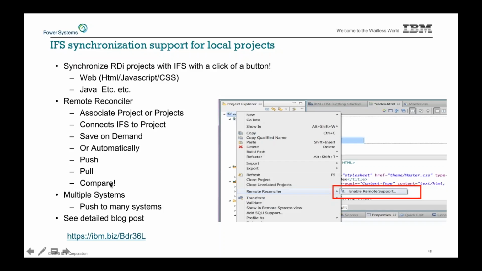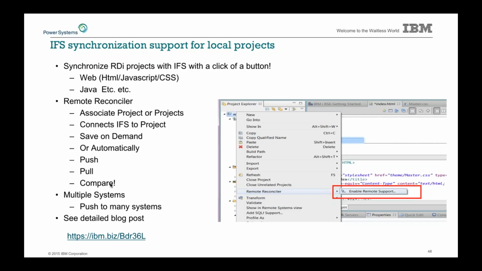Next, IFS synchronization support for local projects. As we continue to put more and more source code out in IFS versus source physical files, we've simplified the project resynchronization bit. So with just a simple click of a button, you can resync projects out in IFS, and the remote reconciler will take care of associated products.